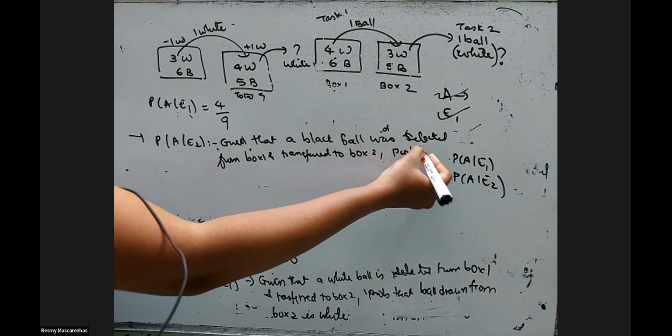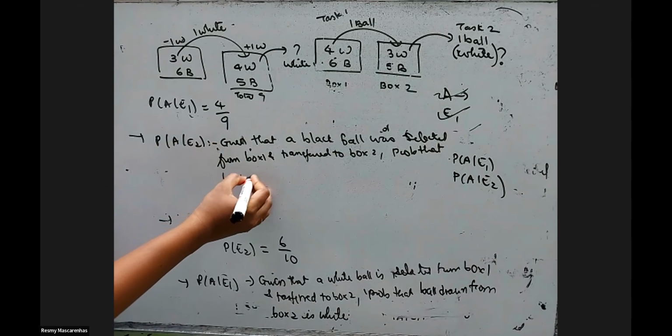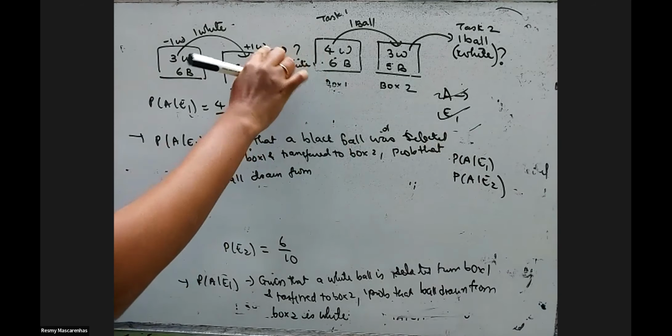Same, you write everything for E2, whatever you did. Probability that, what was A? The ball drawn from group 2 is white. That will not change; it will be white only.